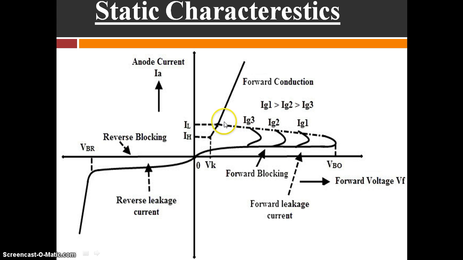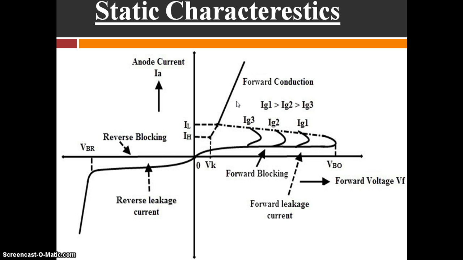Then on state voltage: the voltage across the SCR in the on state is very low as compared to the off state voltage, and it is called on state voltage.